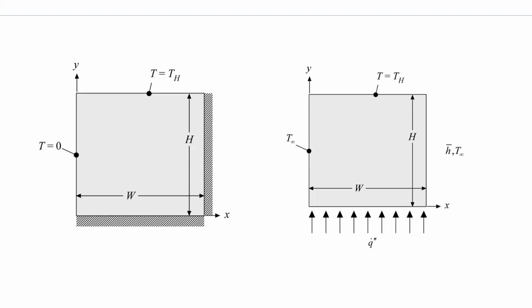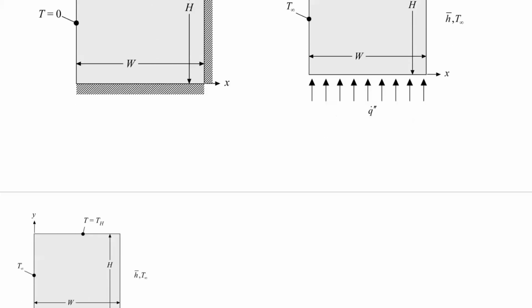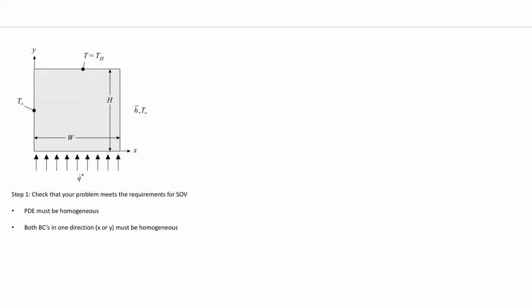Like I said, in this example, we have these boundary conditions. If you look, none of these directions are homogeneous. We have something going on in all of the directions. So our challenge is, let's get this to be a homogeneous problem in one direction and then solve it. Okay, we're going to start by writing out the boundary conditions for all of these things.